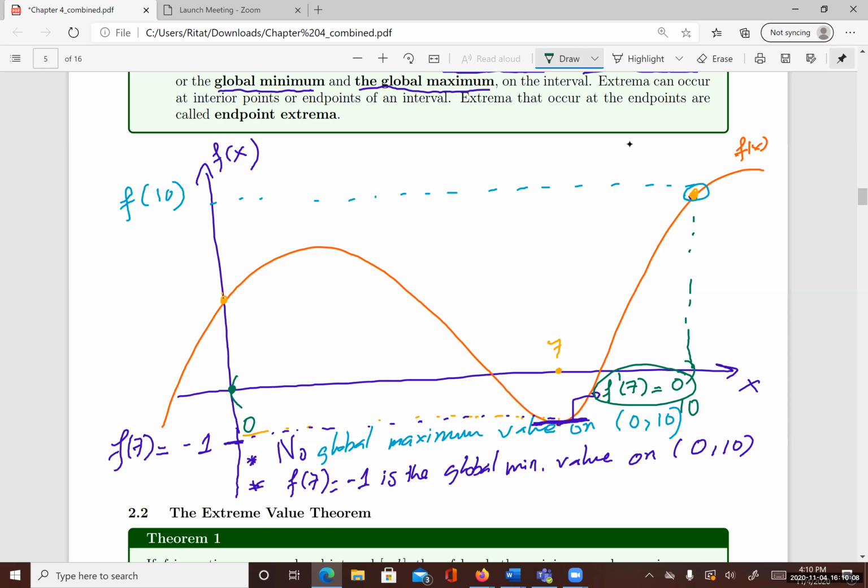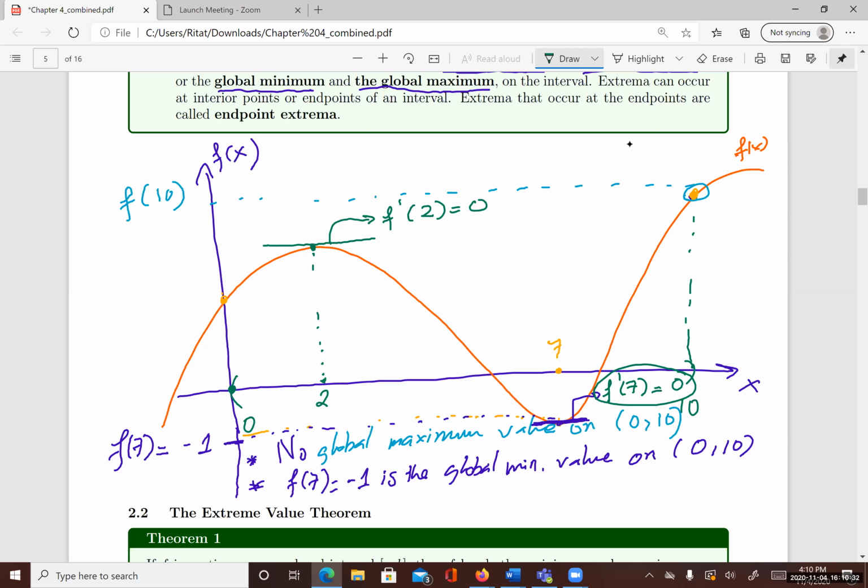And you can see for yourself that I have another point where the tangent line is a horizontal line. So let's say this point here is 2, then f prime of 2 also equals 0. Okay.